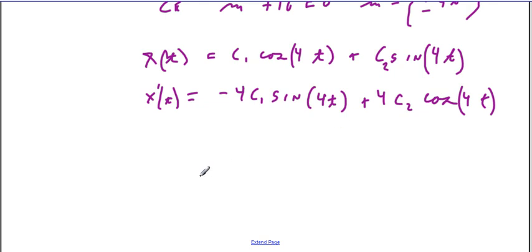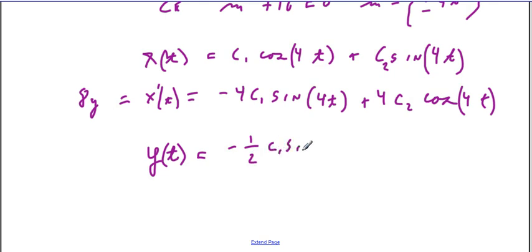Okay, and seeing that that has to equal 8y, then I got y of t is equal to minus 1/2 c1 sine 4t plus 1/2 c2 cosine 4t.